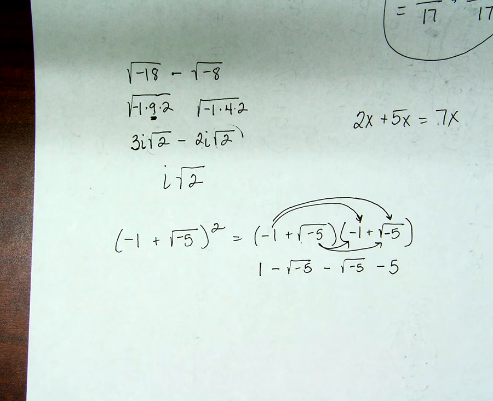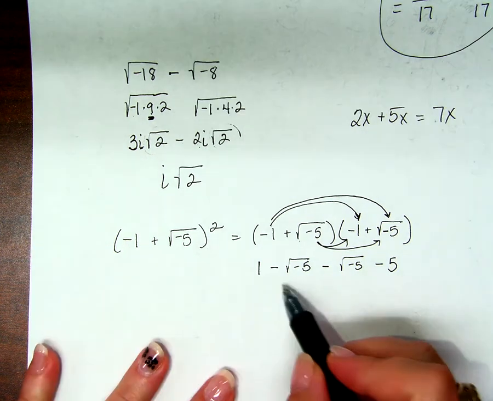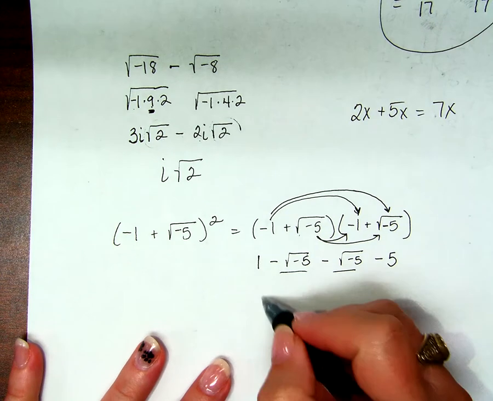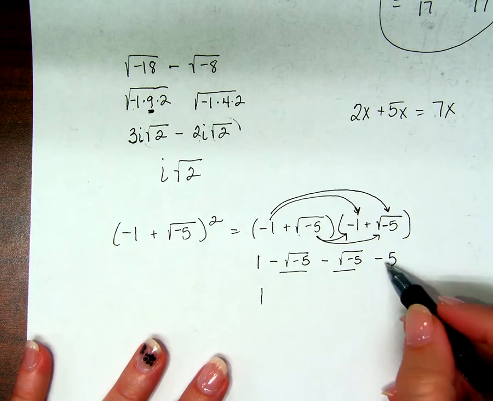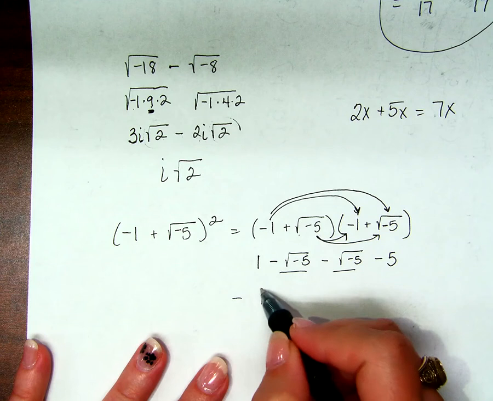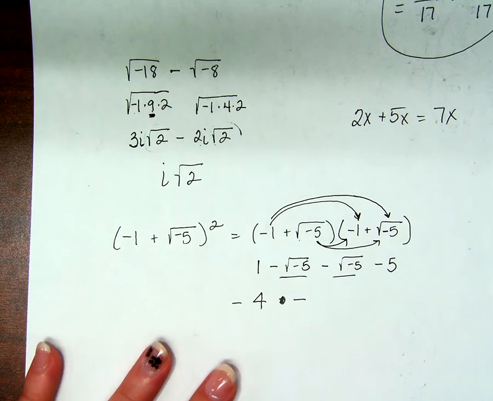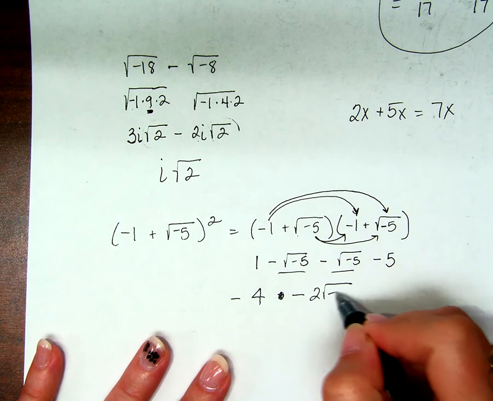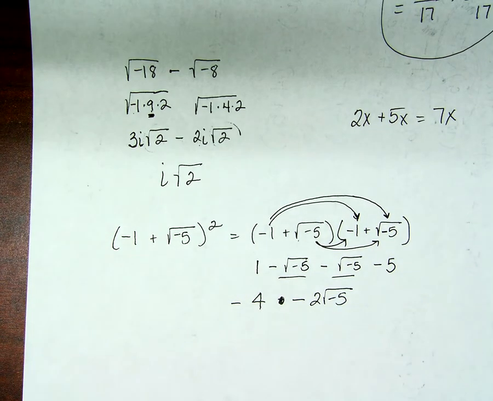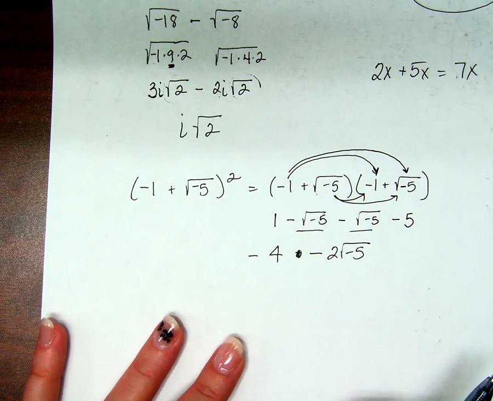Okay? So, now what? Because we're not done. We got 2 of these, right? So 1 and negative 5, I can go ahead and combine that to be negative 4, minus 2 square roots of negative 5. Do I want a negative under my radical?